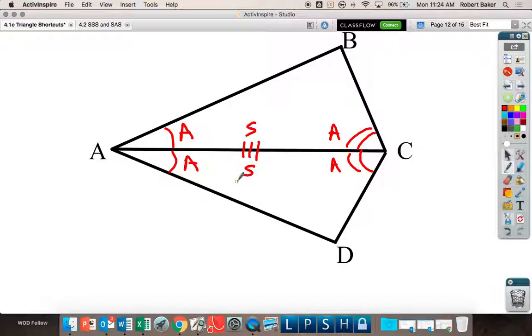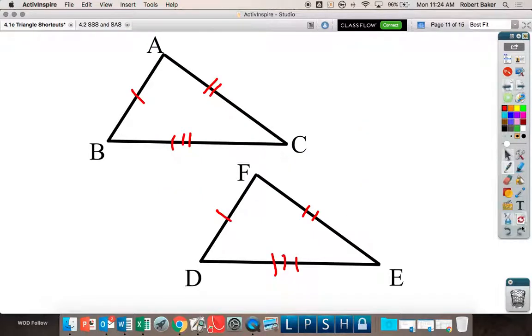So in a proof, you have to say that AC is congruent to AC and justify why those two things are congruent. The reflexive property. Now you have undoubtedly a third side that's congruent, so you can say the ASA shortcut. Does that kind of make sense? What really screws with people is one like this.